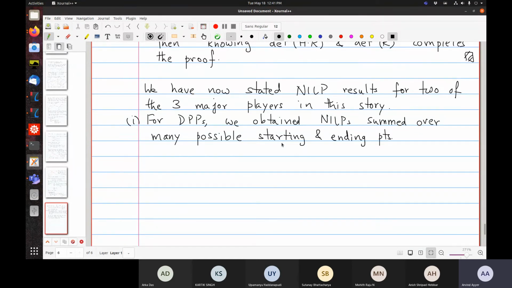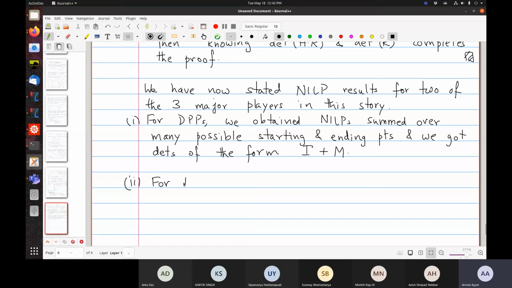That is, you could have either the empty NILP or a single NILP or two pairs and so on, three and triples and so on, and we got determinants of the form identity plus some matrix. So we remember we had delta ij plus some binomial coefficient.